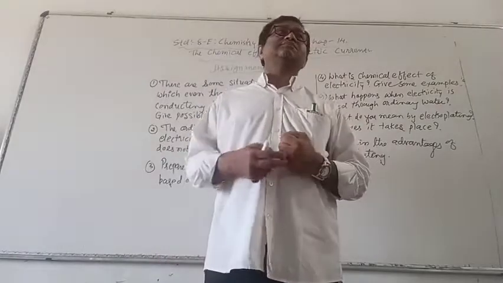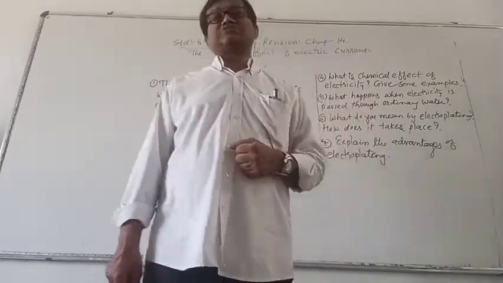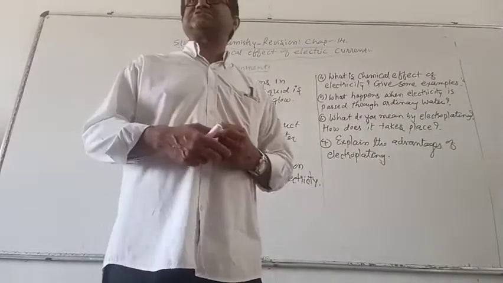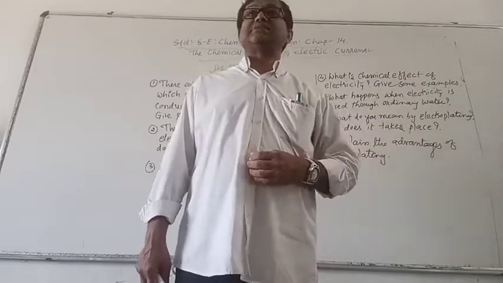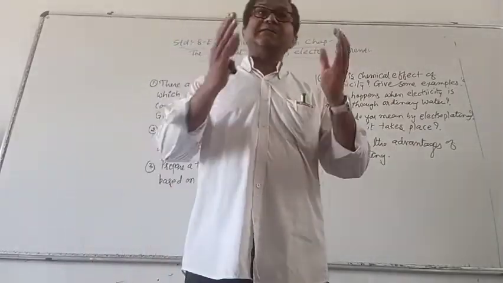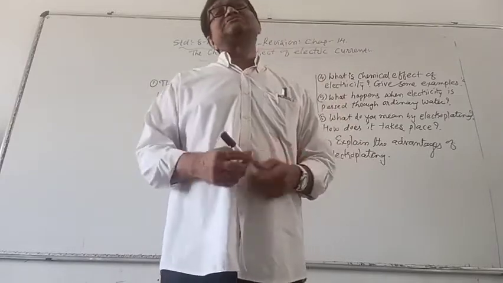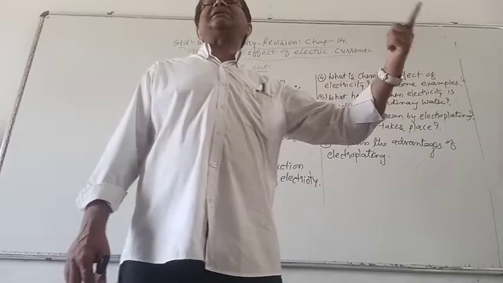What is that? When the current is passed through some liquids, then a chemical reaction takes place. Means chemical changes occur, and that is known as the chemical effect of electric current.